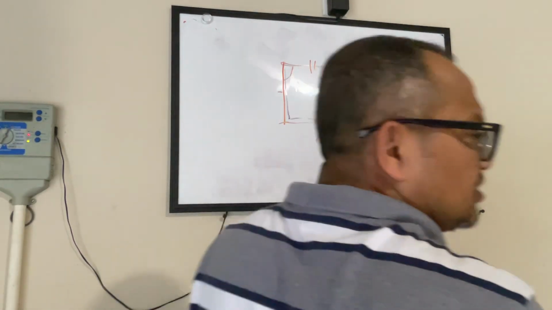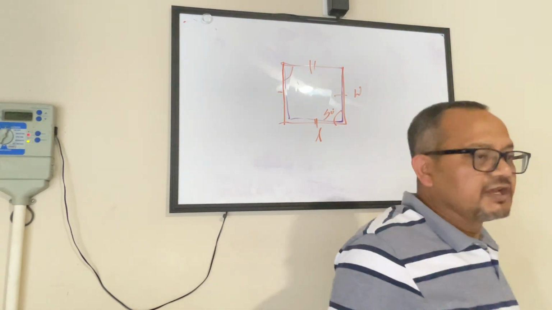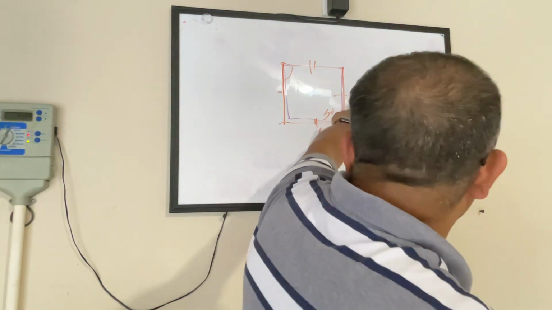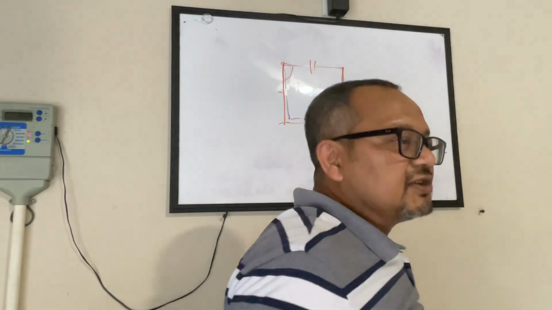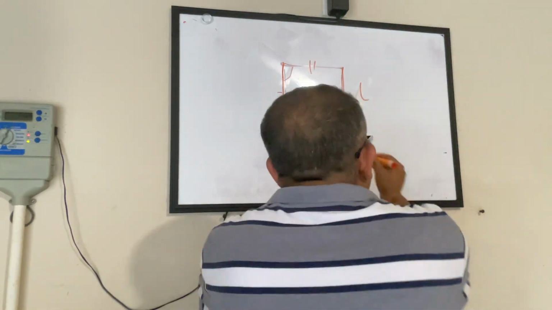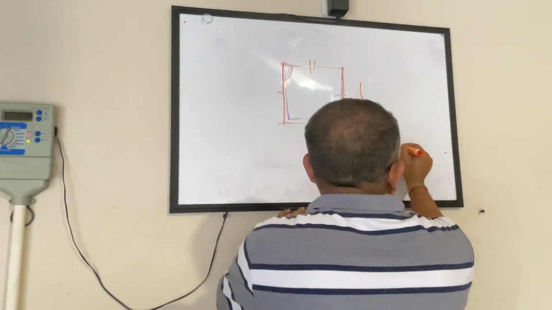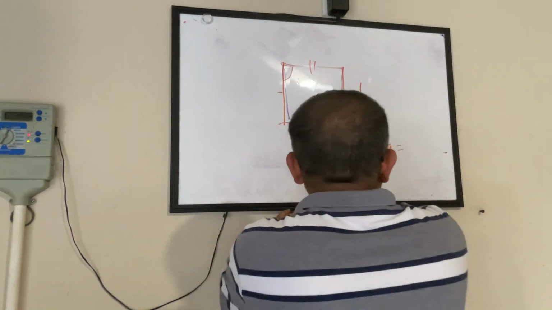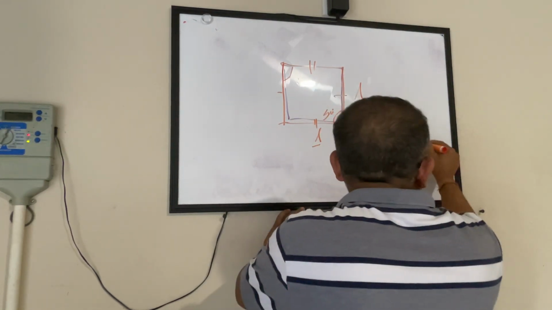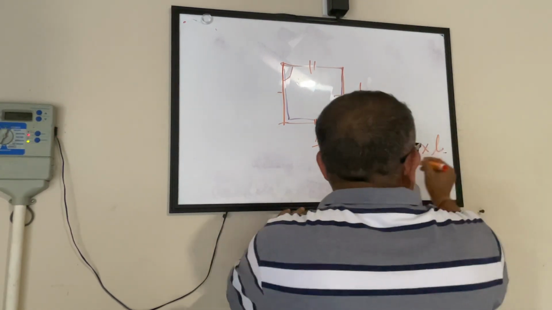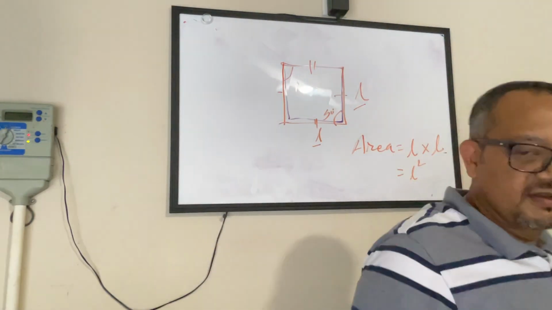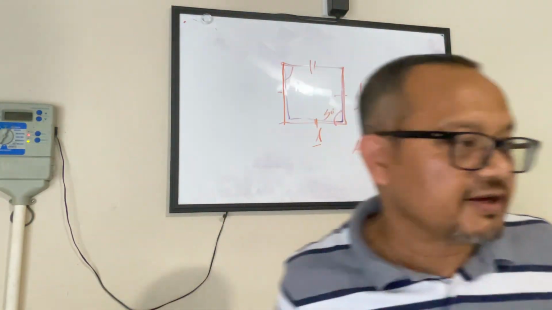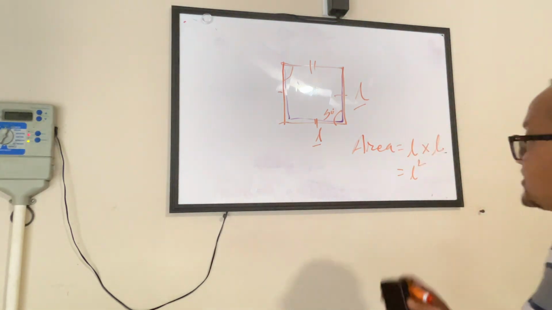It is something similar to a rectangle. Just that in a rectangle your length and width are different. Here your length and width are the same. So you can use the same property here. What happens to area of a square? That is length times width. Width is also the same as length. It becomes length square. That is the area of a square.